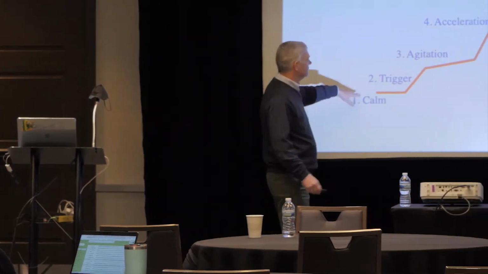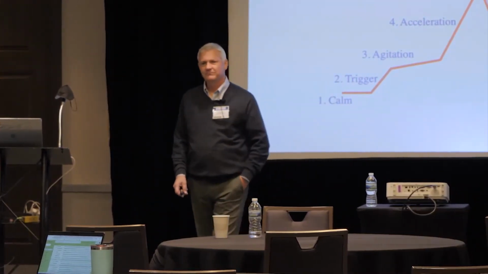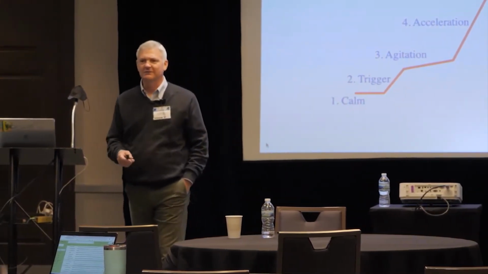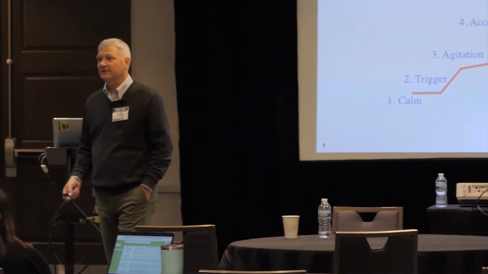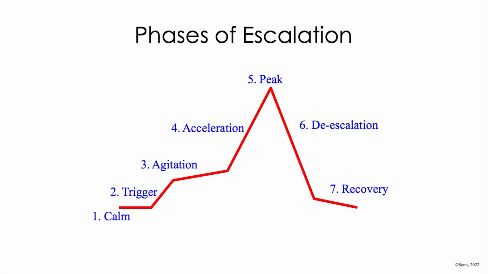Something stops the calm at some point for some kids. Sometimes you'll know exactly what that trigger was. Other times you'll have no idea. But if the trigger doesn't get stopped, it turns into a phase we call agitation. And we'll talk about what happens in each of these phases. But agitation, if it doesn't get stopped, turns into acceleration, and there's no stopping it at this point.